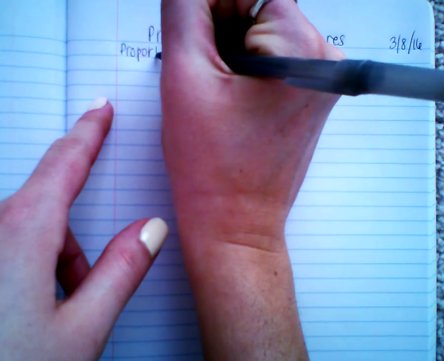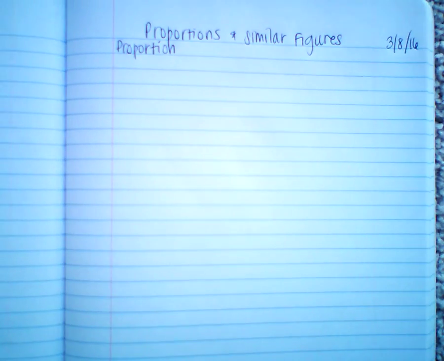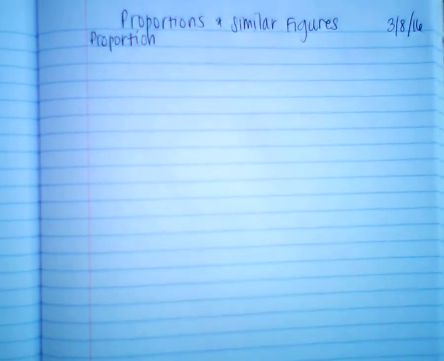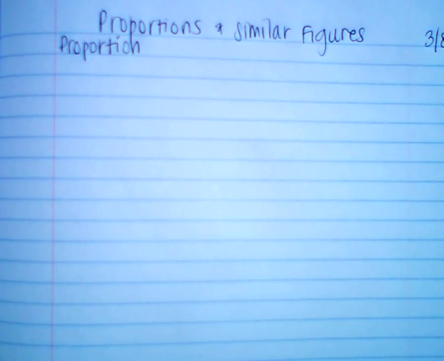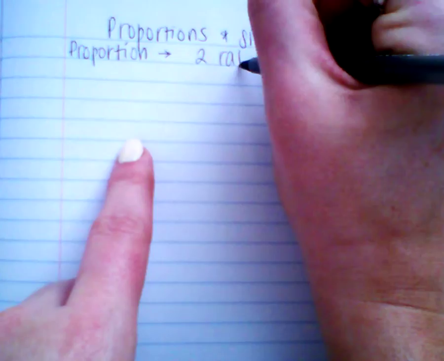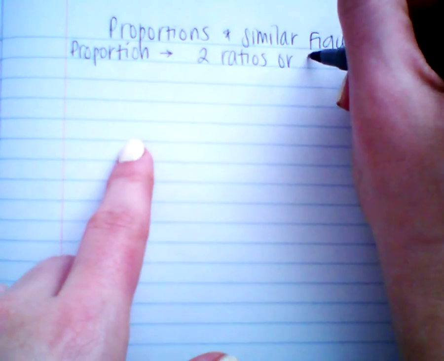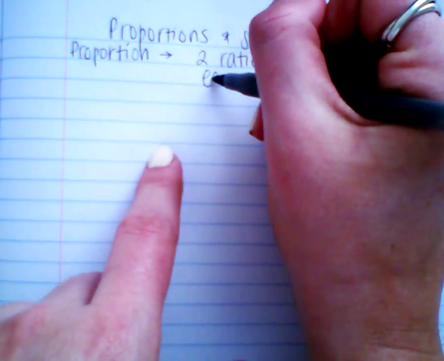A proportion, which you might be thinking back now to when we were making the tables and having to think if they were proportional or not, just shows that two ratios or rates are equivalent.